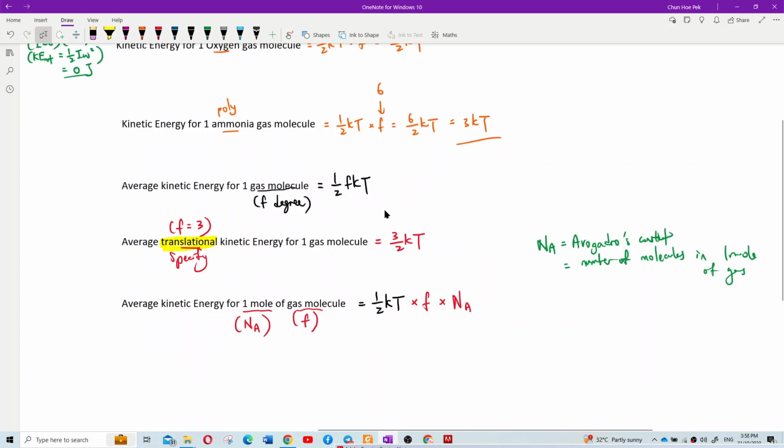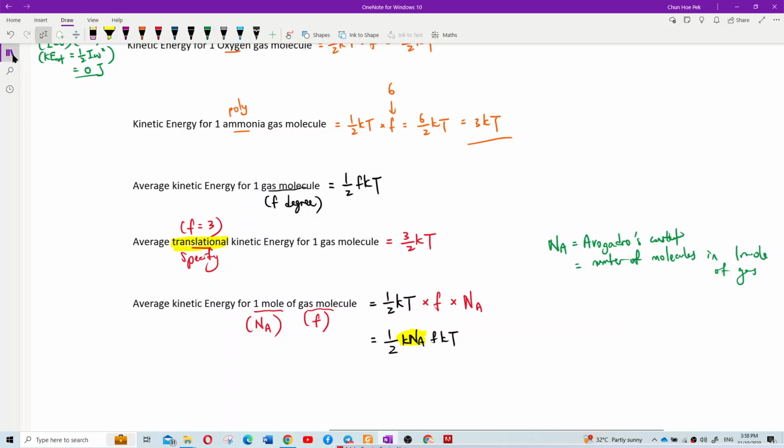Now you can simplify the formula. So what's the formula, class? It is 1/2 k N_A f T. See that, class? Remember what k N_A is? From very early on, I did talk about k N_A.